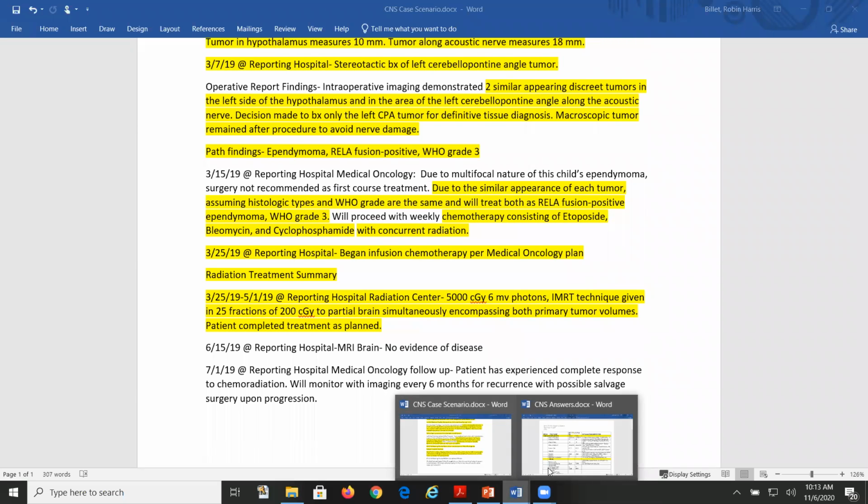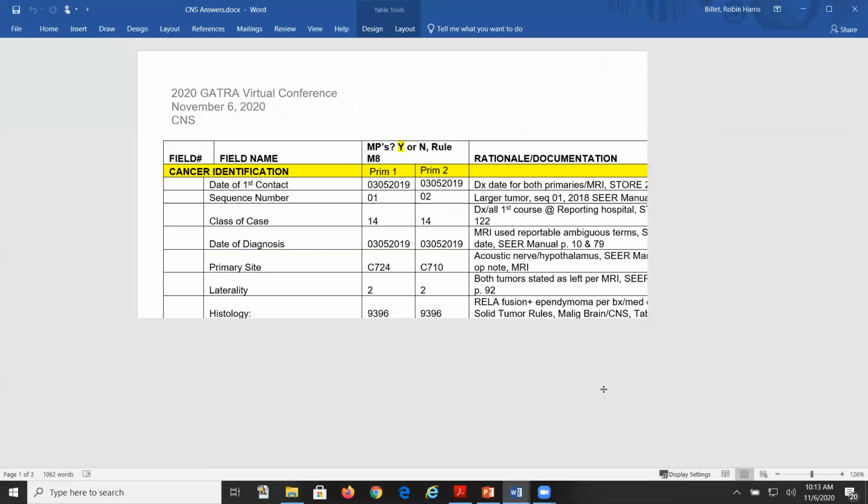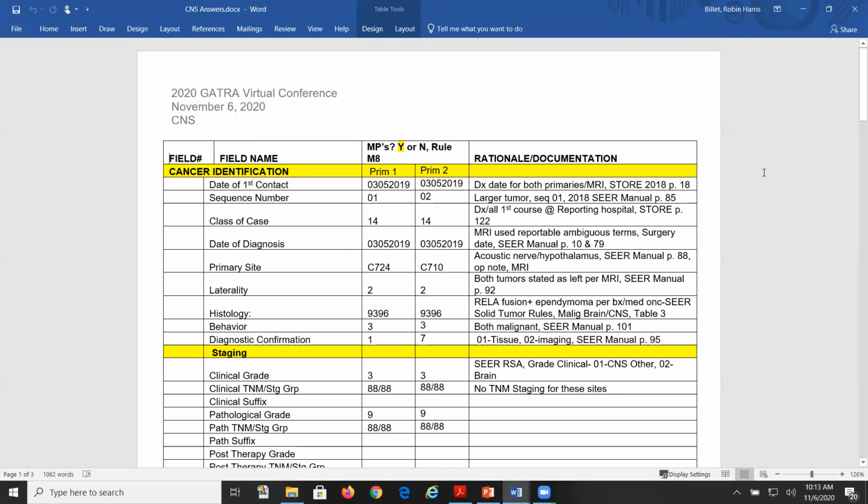So let's look at our answers. The first question we have to answer is, is this multiple primaries, yes or no? And the answer is yes, because of M8. Although you have two tumors with the same histology, they are in two different subsites of the central nervous system.